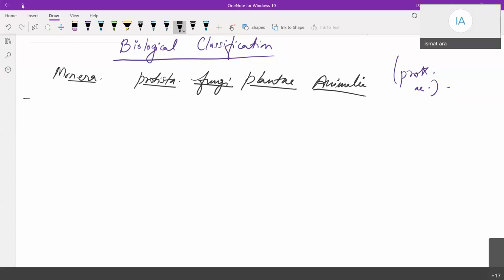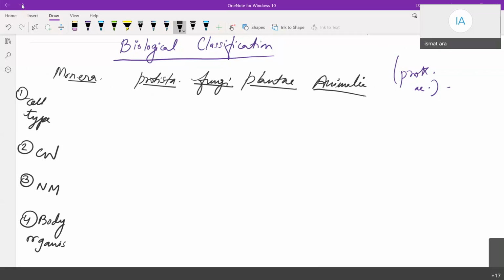So, first basis cell type, second one cell wall, third one nuclear membrane, fourth one body organization.